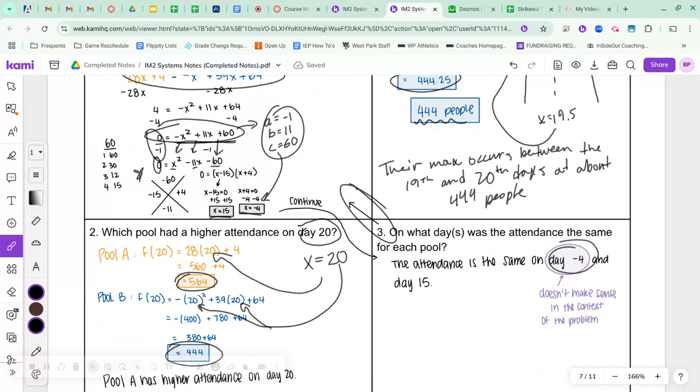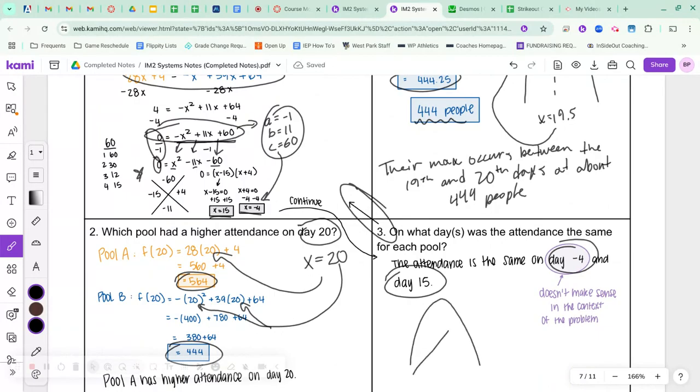We can't go back in time. But we can say that on day 15, pool A and pool B had the same attendance. Okay, so that's on day 15 right here. What exactly it was, we don't care, but we just know that it had the same. We could plug it in and find out, but it doesn't matter.